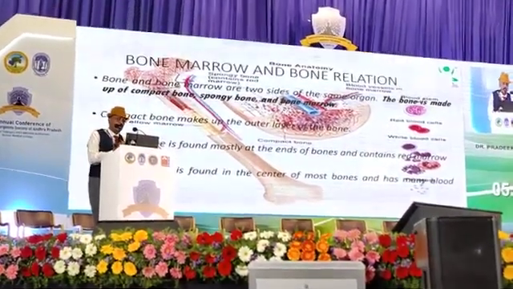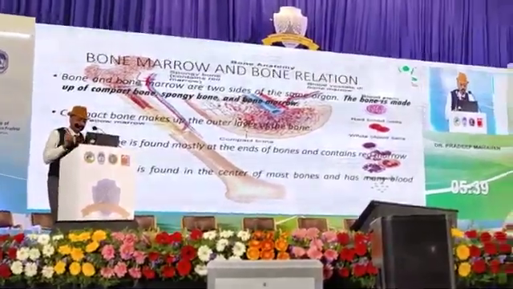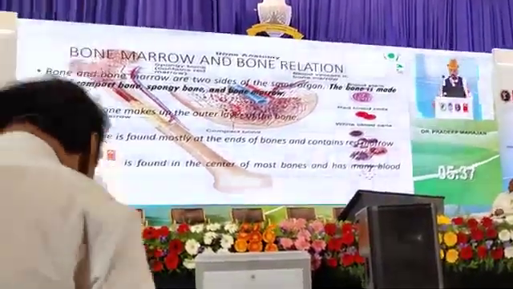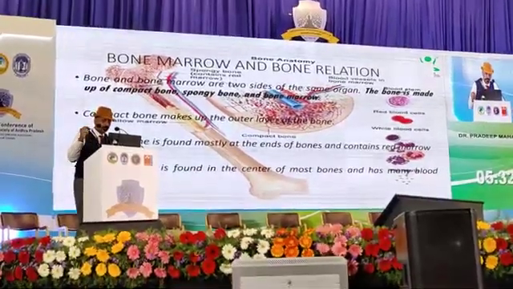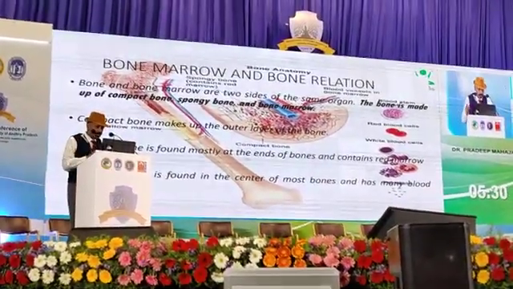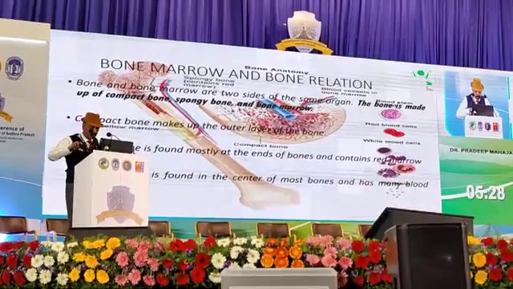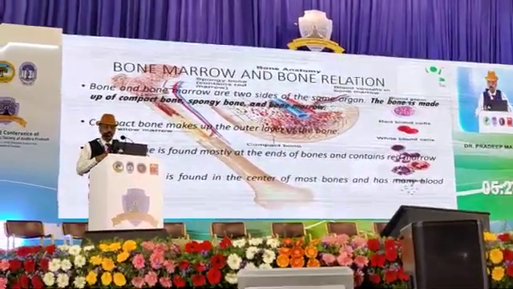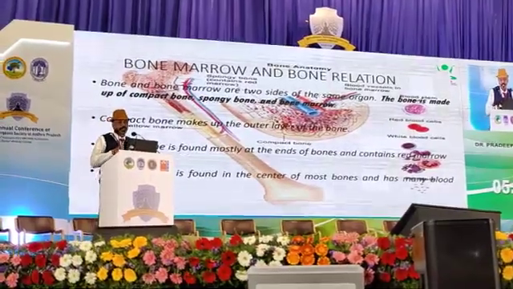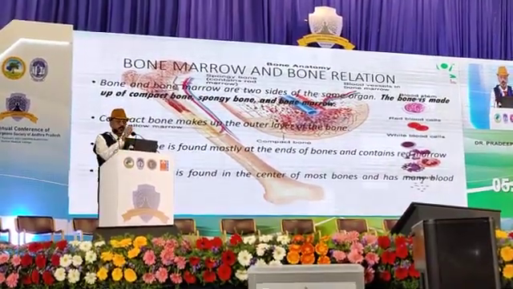Now here, when we talk bone and bone marrow relation, remember, the bone is made up of compact bone outside, spongy bone, and the marrow inside. This makes this particular tissue range constantly repairing. When you get an injury, we have seen, we put a plaster and send the patient home. We don't go for a welding job.